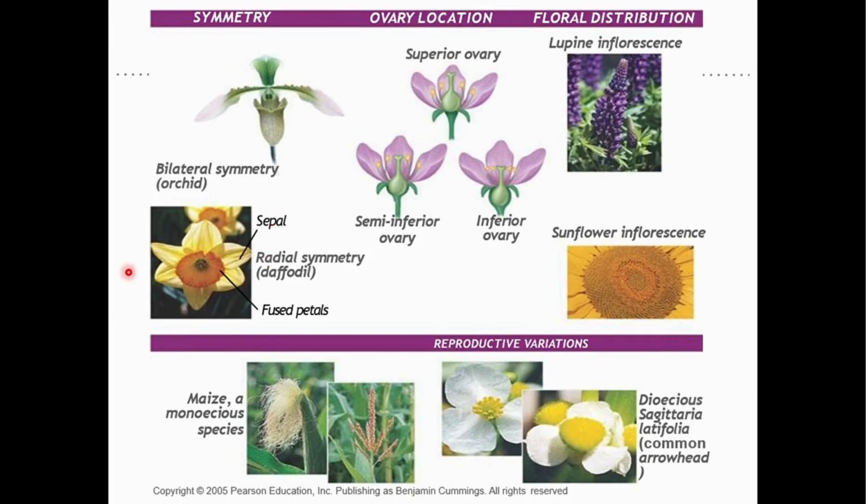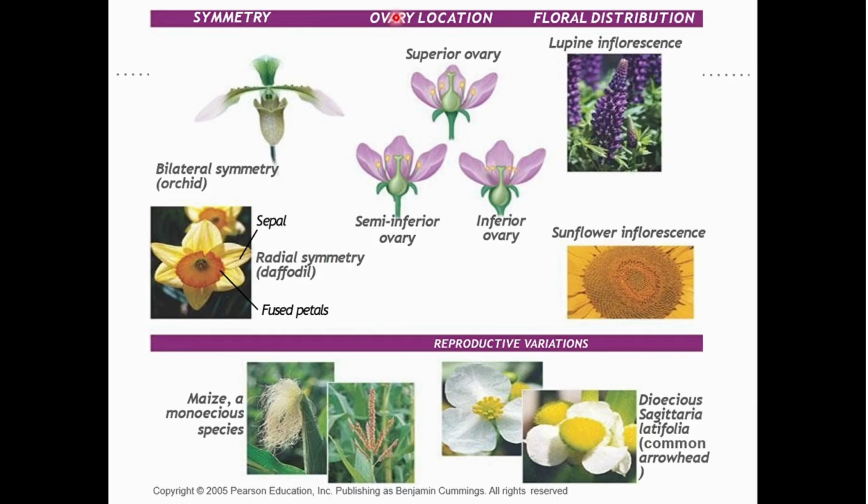So these are the characteristics of the flower. They can differ in the symmetry. For example, bilateral symmetry, for example, in orchid flower, and radial symmetry, for example, in daffodil flower. These are the sepals, and then there are fused petals in the middle.